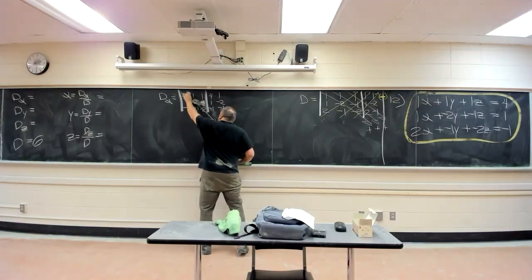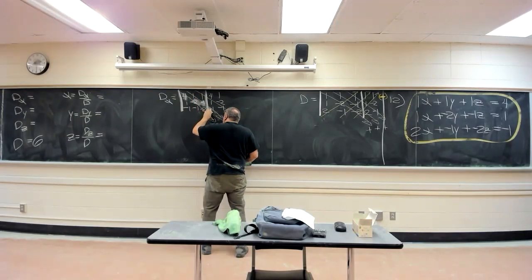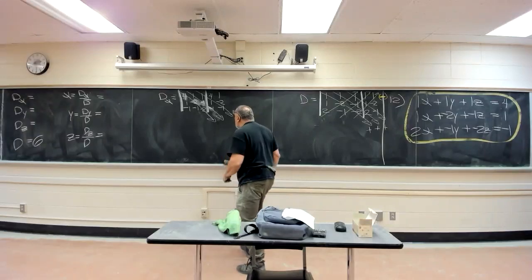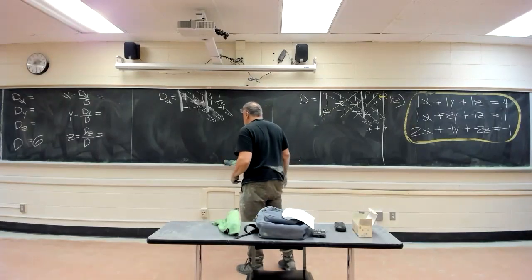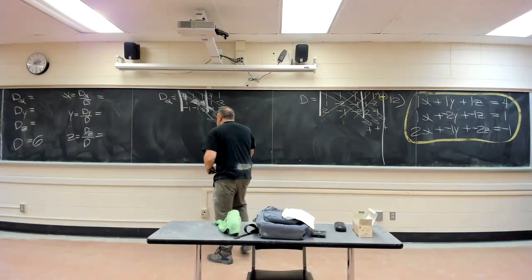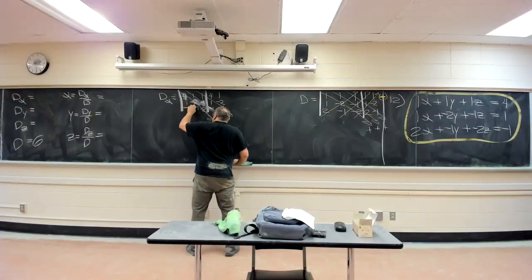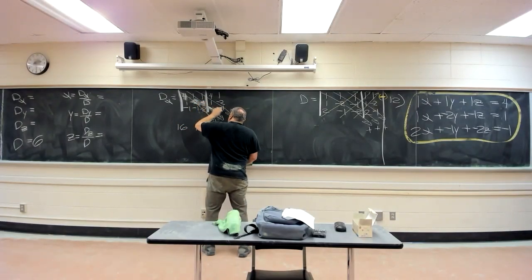Go here, go here, go here. So what do we got? We got 4 times negative 2 times negative 2 is 16. We got 1 times negative 1 times negative 1 is 1. We got 1 times 1 times negative 1 is negative 1.